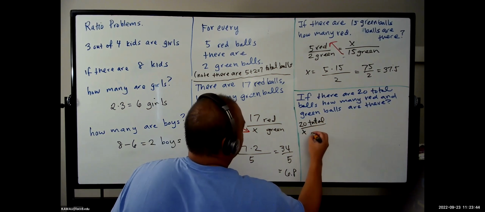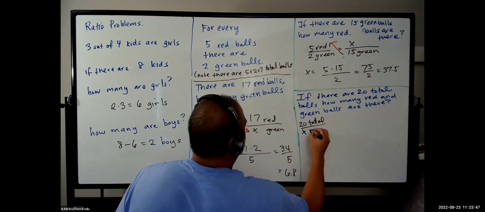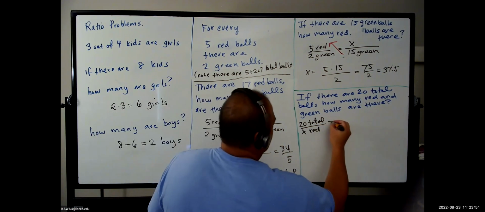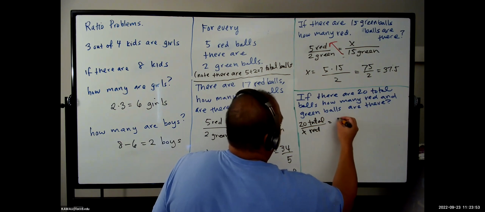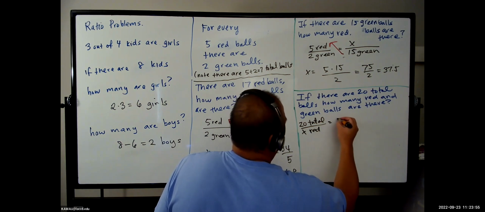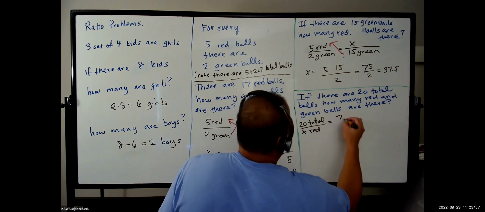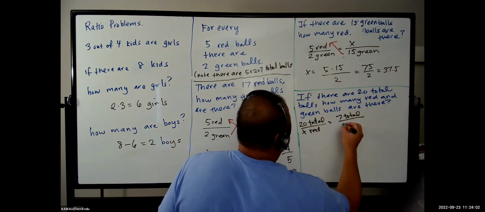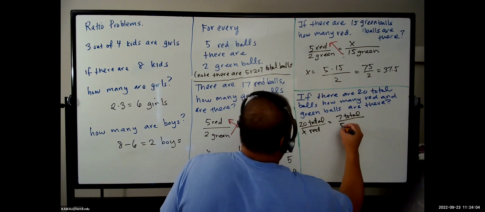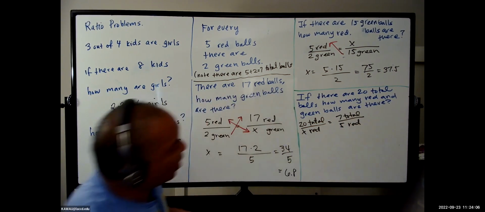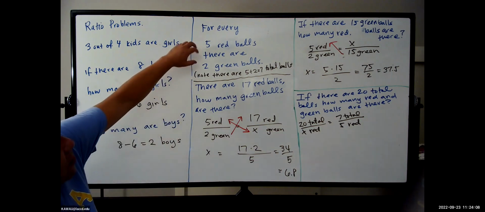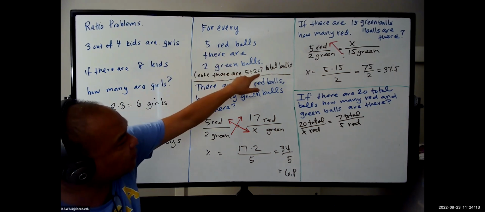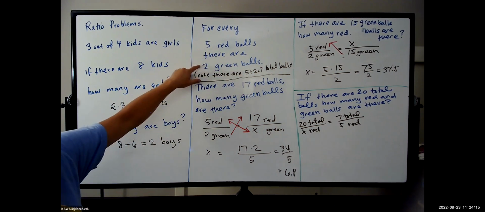It doesn't matter which color you pick. I'm just going to pick red. Is equal to, for every 7 total, there are 5 red. So you know how many total balls there are, right? For every 7 total balls, there are 5 red, and for every 7 total balls, there are 2 green.